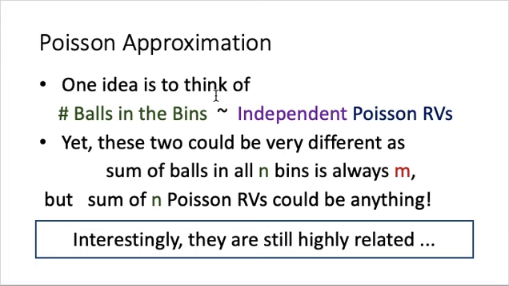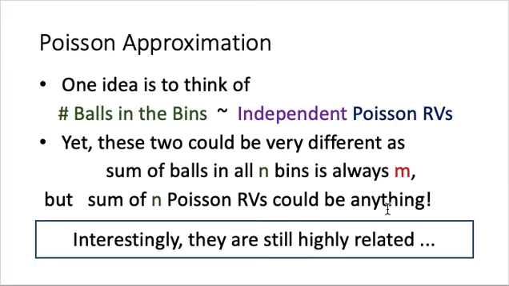However, this idea is not exactly the same as what can actually happen. It is because in the actual scenario, the number of balls in all the n bins is always m in total. But on the other hand, if we assume that each bin is an independent Poisson random variable, then the sum of these n random variables could be anything.